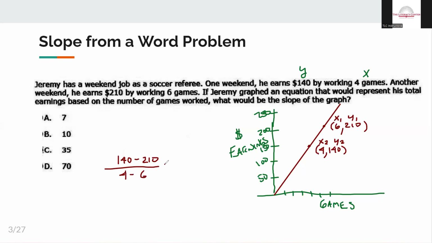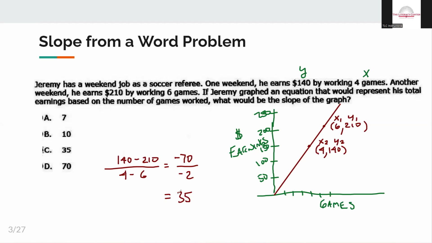I probably should have done it the other way, but it will still work. 140 minus 210 is minus 70. And 4 minus 6 is minus 2. And we divide and we get a slope of 35.